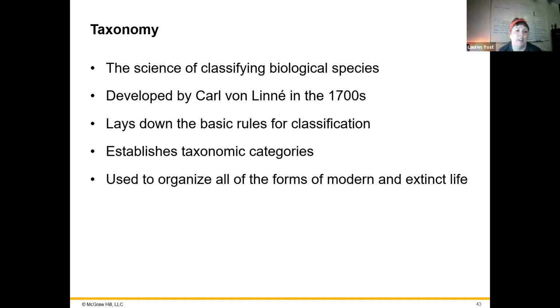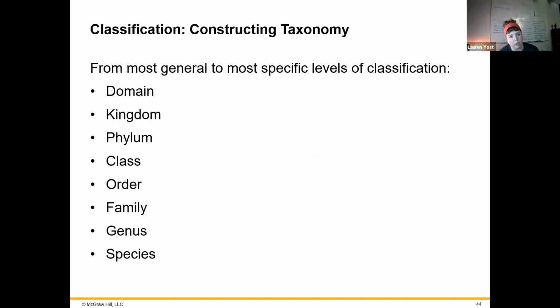Taxonomy, classifying things, biological species. It used to be just based on kind of what they look like and what traits they might have, right? So we've upped our game now to including genomics, so genes, like your actual genetic makeup. With taxonomy, we can split it up into these major categories.